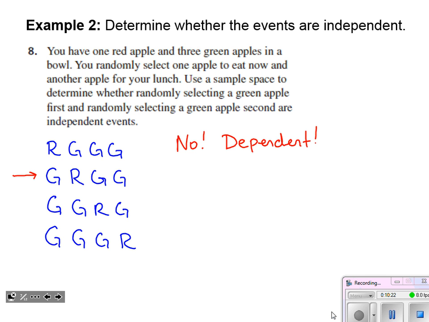Because choosing a green apple first changes things. Now we have a reduced number of apples left in the bowl. So there are fewer apples left in the bowl, and we have affected the outcome of selecting that green apple second. The probabilities have changed.